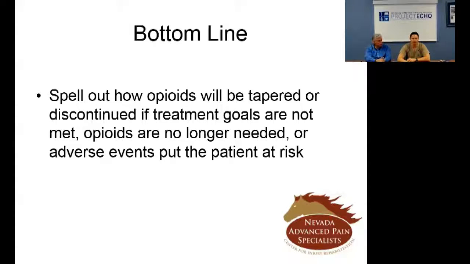So to put in perspective, a 10 would be the patient is unconscious and unable to communicate due to their pain. A score of 7 would be that patient's in severe pain, but able to speak without being short of breath.